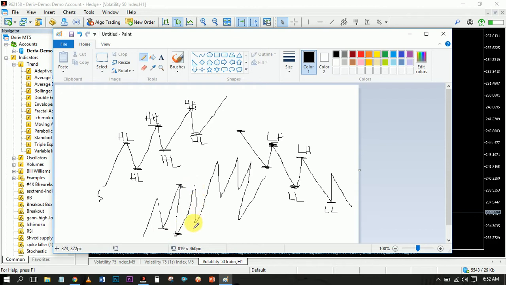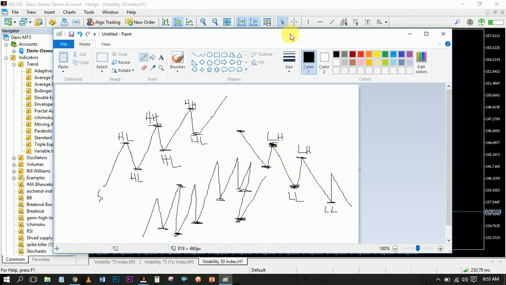This is a higher low, this is a lower low, this is a higher low, this is another higher low, then you can see a lower low here. So when you see things like this, such trends are not healthy. But when you see things like this for an uptrend, it is healthy. Then if you see something like this for a downtrend, it is also healthy.